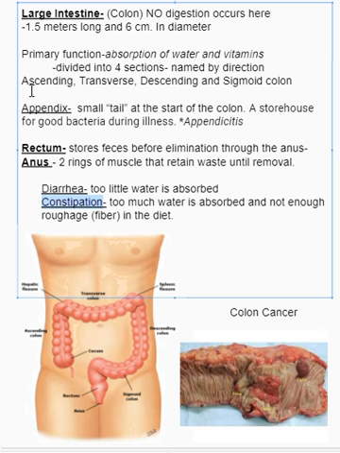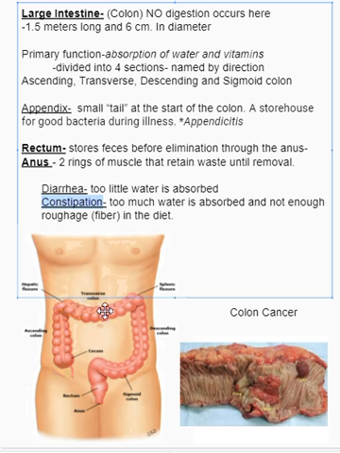The colon, or large intestine, they're the same thing, is divided into separate parts too. There's an ascending colon starting here on the right-hand side of this person's body. Material is moving up in a clockwise rotation. It moves up the ascending colon.